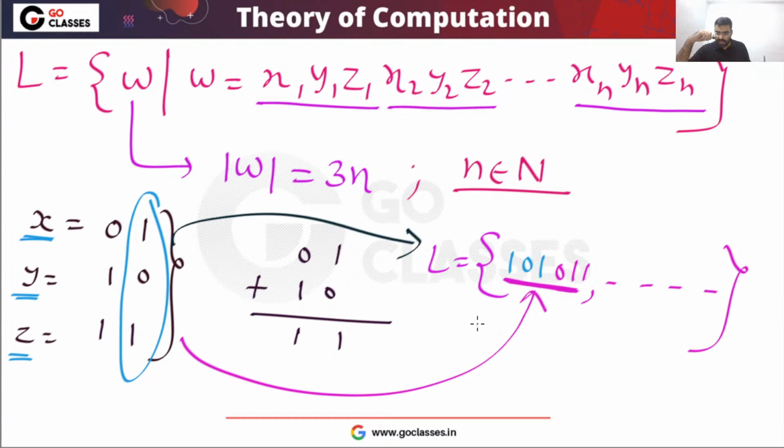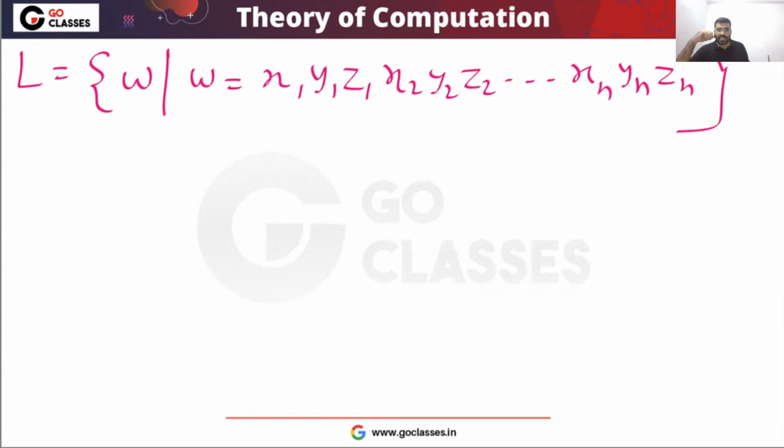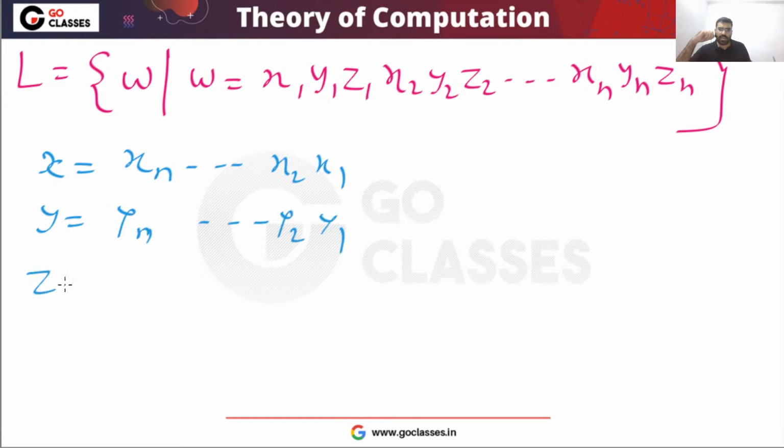Is it clear? Ashish, Akash, please notice: first understand that if x is like this and y is like this, then z will be determined, and remember we are writing them least significant bit first.